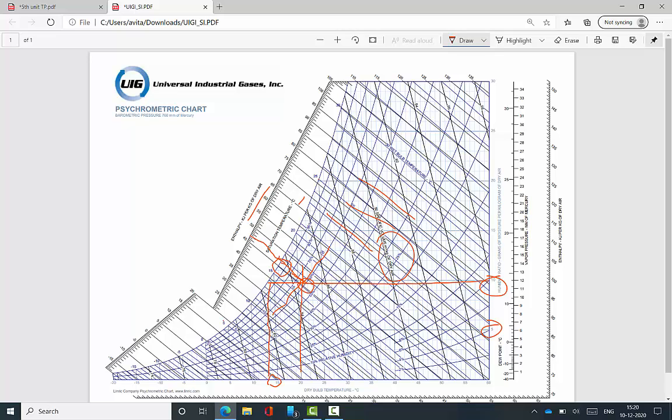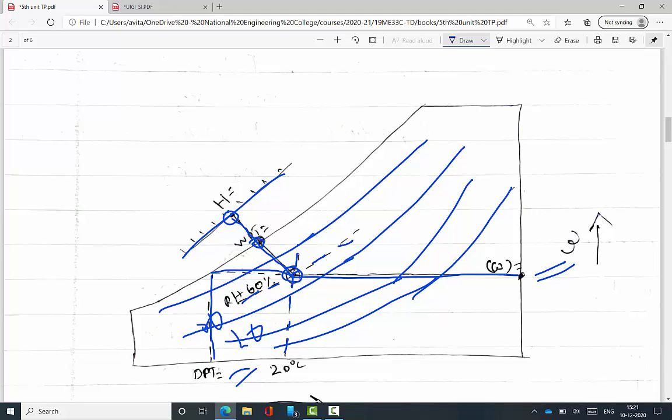This is a problem from the fifth unit. We have two more problems in that unit, which will be discussed tomorrow. Thank you.